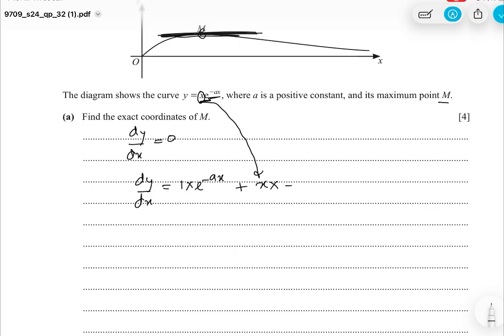This one would be minus a times e to the power minus ax. Yes or no? Yes, sir. So dy over dx equals to e to the power minus ax plus minus ax e to the power minus ax.